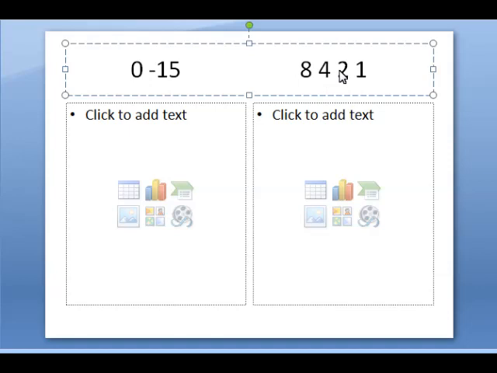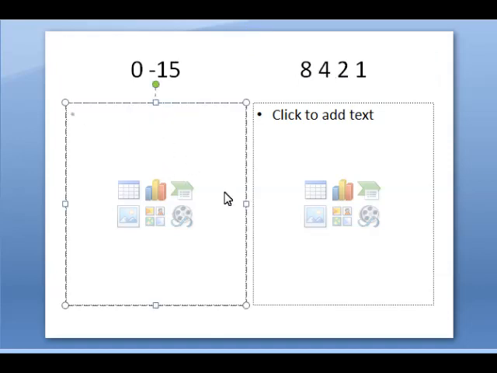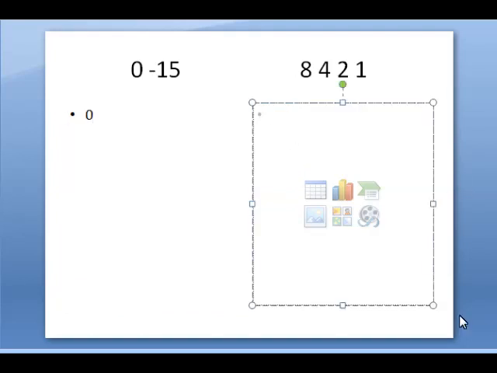Okay, now we are going to write the binary equivalent for these numbers. First we are going to write the binary equivalent of 0. The binary equivalent of 0 is 0 0 0 0. All these digits will become 0.